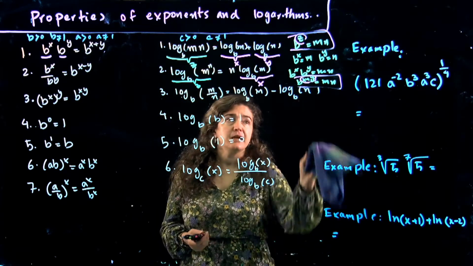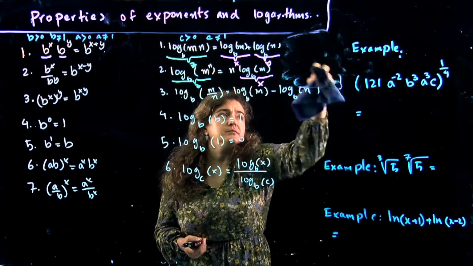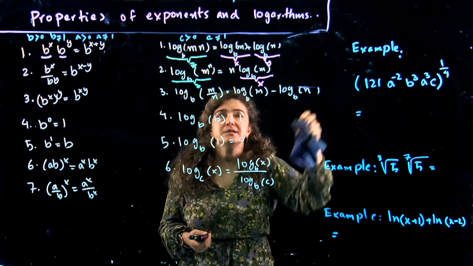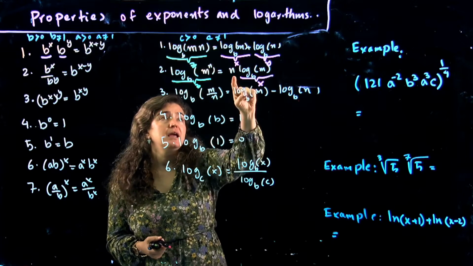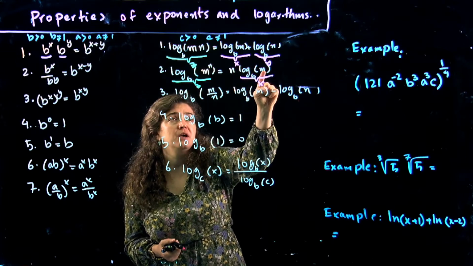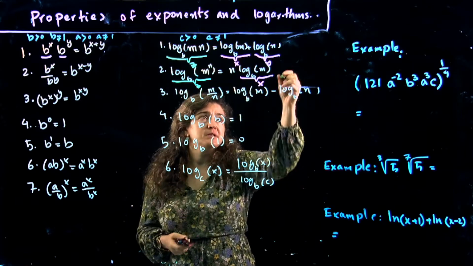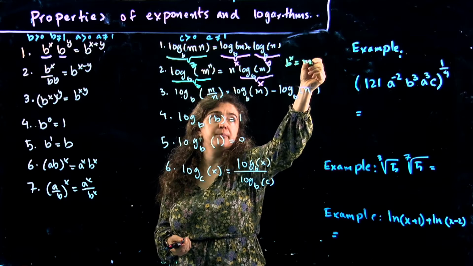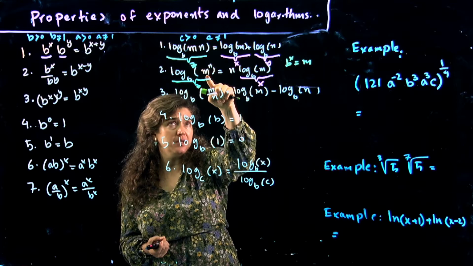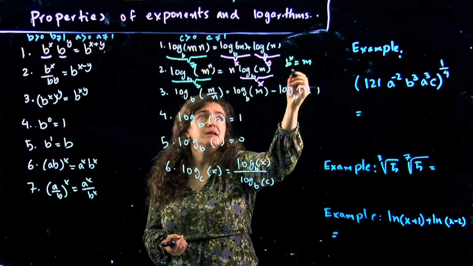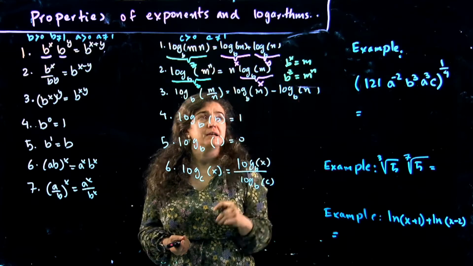Now let's do the second one. Let's call log base b of m to the power n z, and log base b of m x. What does it mean that log base b of m is x? That means b to the power x is equal to m. What does it mean that log base b of m to the power n is z? That means b to the power z is equal to m to the power n.